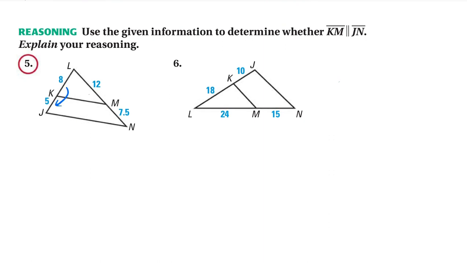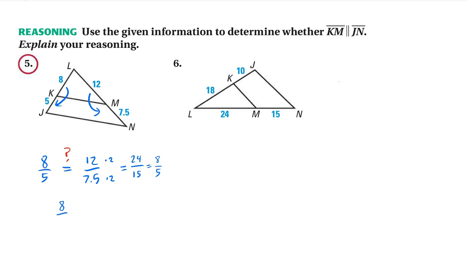So let's do it. So this is to this. So 8 is to 5 as 12 is to 7.5. Now again, this is a question. We don't know that this is true, so we're going to check it. Well, on the right, I'm going to multiply top and bottom by 2. So that's actually 24 over 15. Then I can divide by 3, and so that becomes 8 over 5.